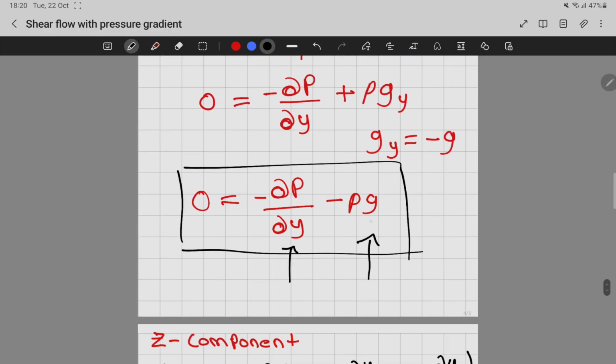If the acceleration of the fluid is 0 in y direction, but we have a non-zero contribution from the gravitational force, then we need another force that balances the gravitational force. That force is this pressure gradient in y direction.